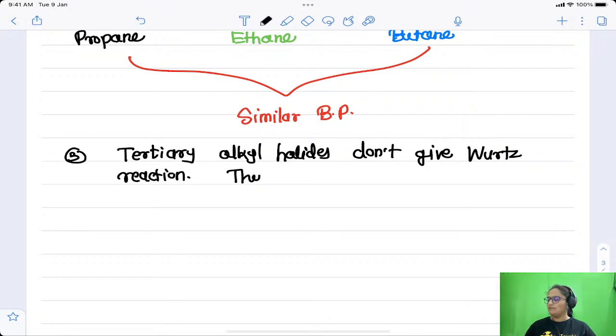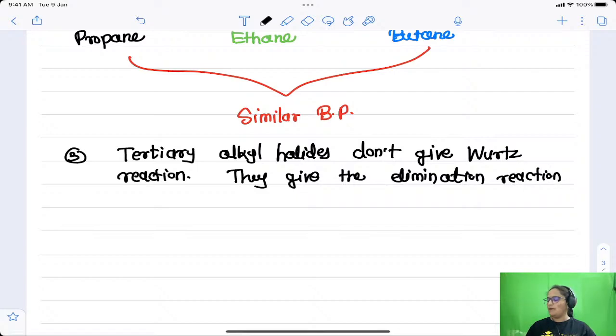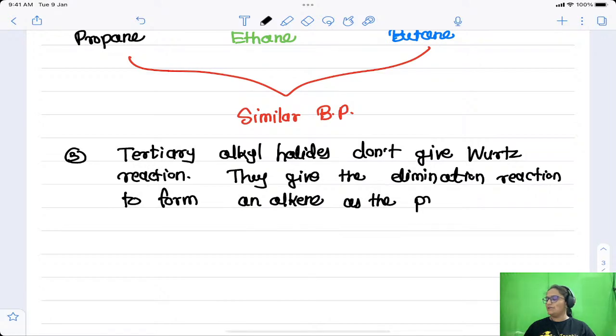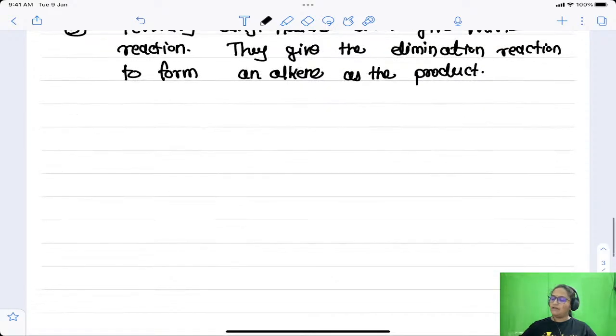They give an elimination reaction to form an alkene as the product. Instead of the Wurtz reaction, they give the elimination reaction.